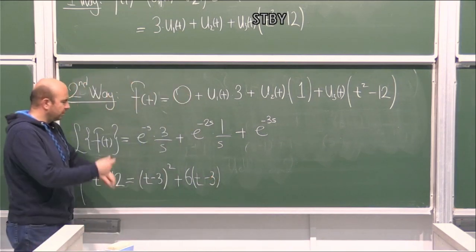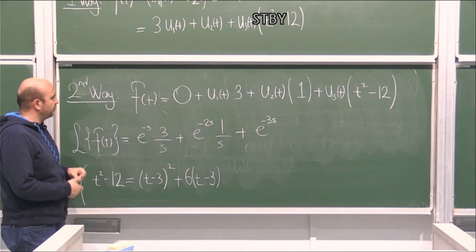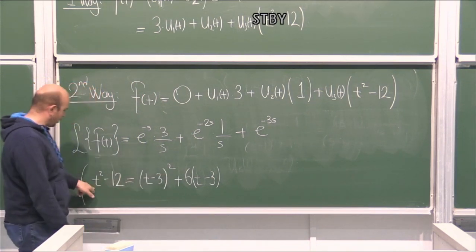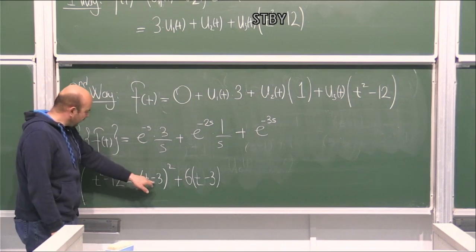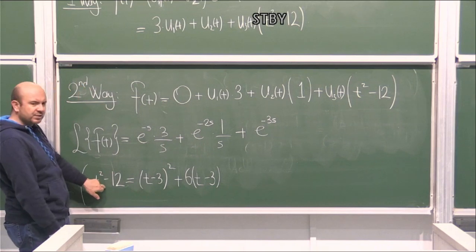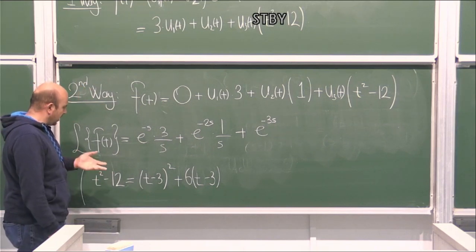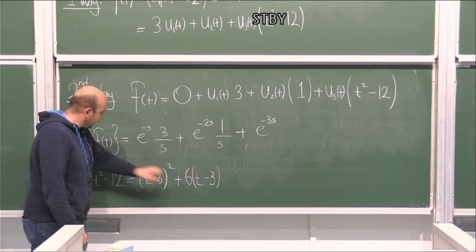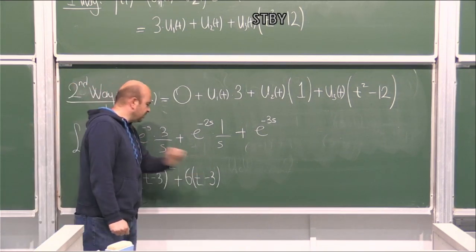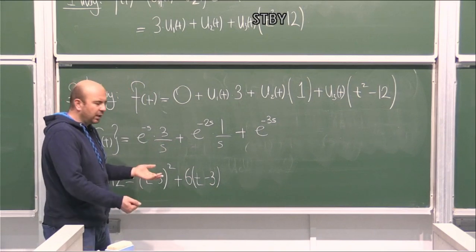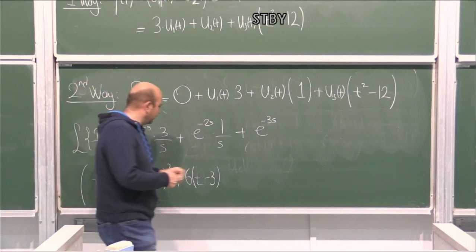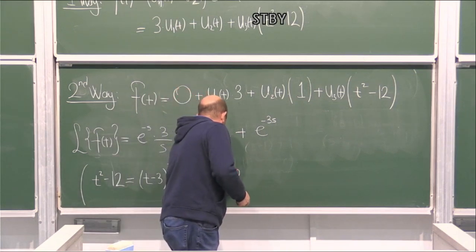So I'm trying to replace all the t's with t minus 3's, but the equality must be preserved. So we have now t squared on this side. We have minus 6t coming, now plus 6t, so they are canceling, no 6t here. Then we have plus 9 here, but we have minus 18, so we have minus 9, then I must have minus 12, so I should subtract 3 from this.